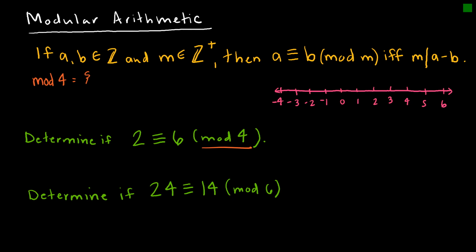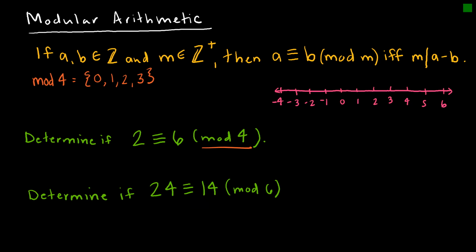So if I take something and divide it by 4, I could possibly get a remainder of 0, 1, 2, or 3. Now if I got a remainder of 4, that would really be the same thing as a remainder of 0, because 4 would be divisible by 4 exactly, which means a remainder of 0. So these are really my only options, because we always like to look at the smallest values.